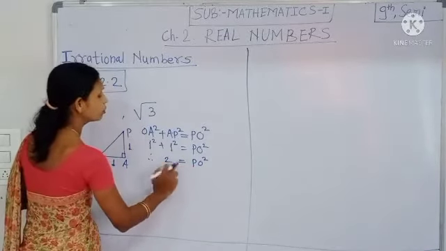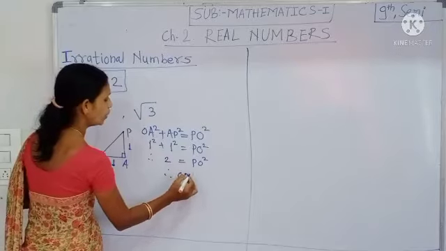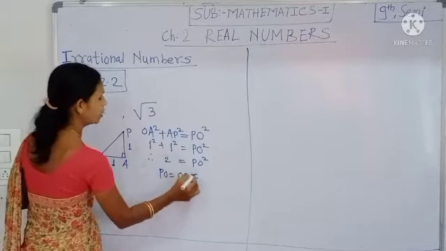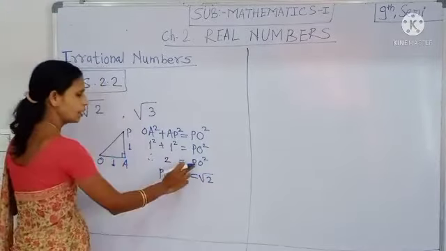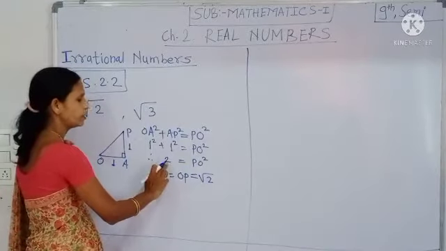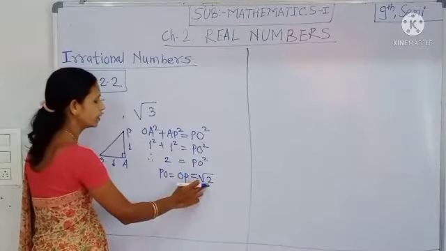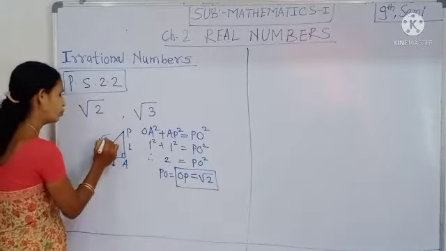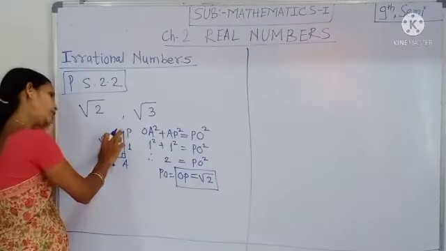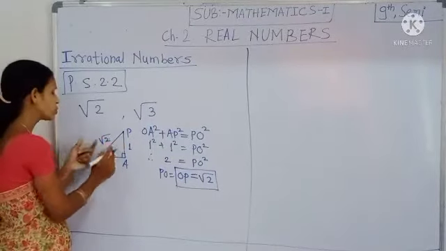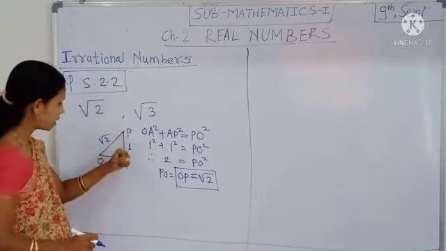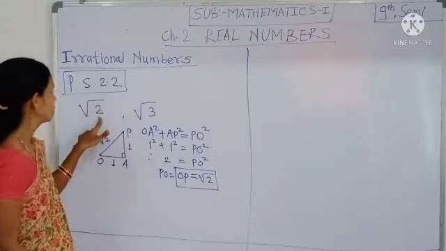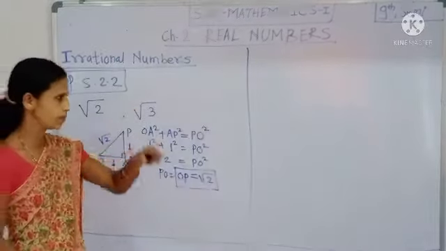Taking the square root on both sides, OP is square root of 2. Therefore the distance OP is square root of 2. The same concept is used to represent irrational numbers on a number line.